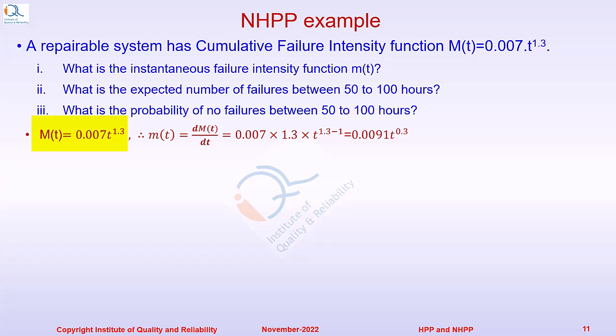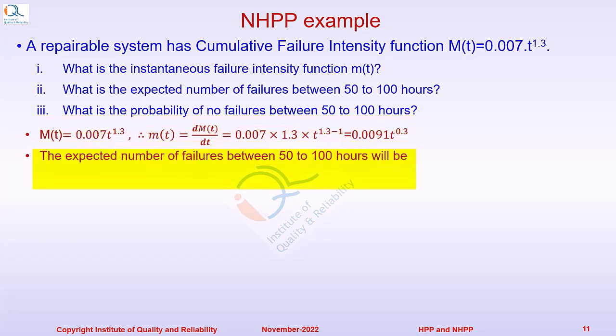Capital M of t is equal to 0.007 t raised to 1.3. If we differentiate this, we get the instantaneous failure intensity function small m of t, and we get 0.007 into 1.3 into t raised to 1.3 minus 1, which works out to be 0.0091 t raised to 0.3.